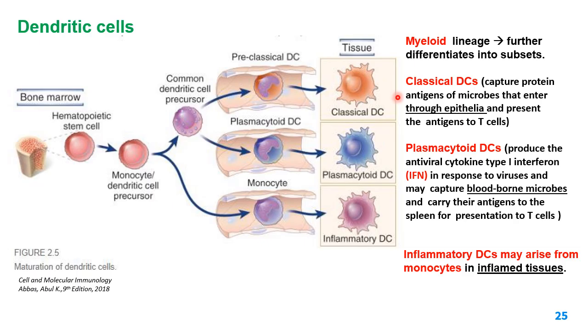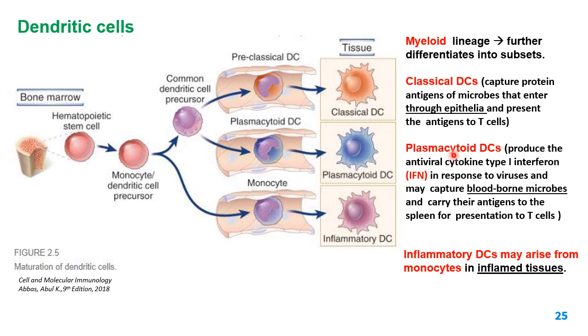And if they catch it, they will eat it up, and they will travel through the lymphatics, and they're going to go to a meeting place that is a lymph node, and they're going to present a piece of that pathogen to the T cells. So this is the job of your classical dendritic cell, right?